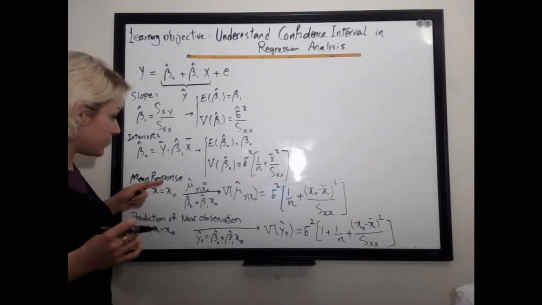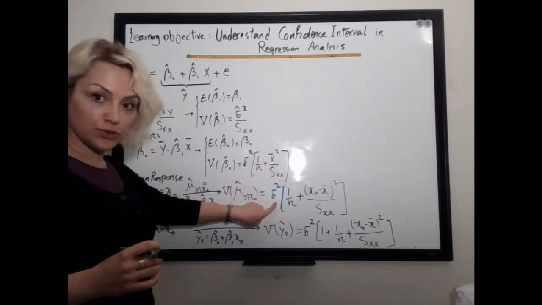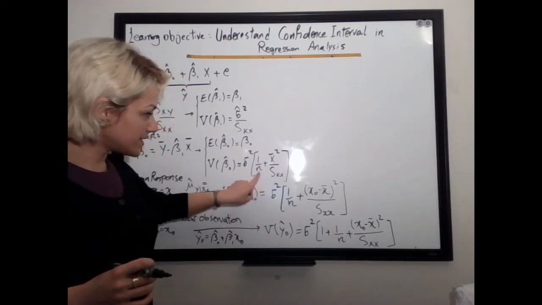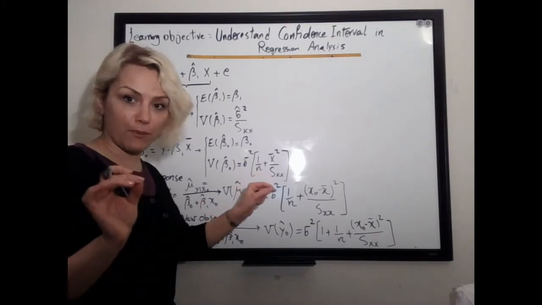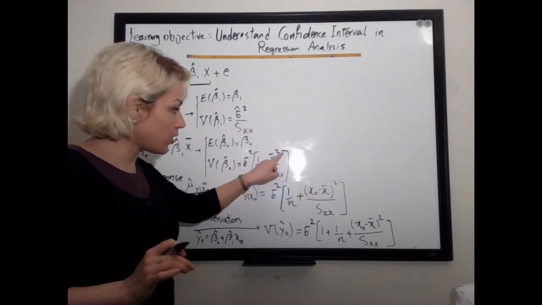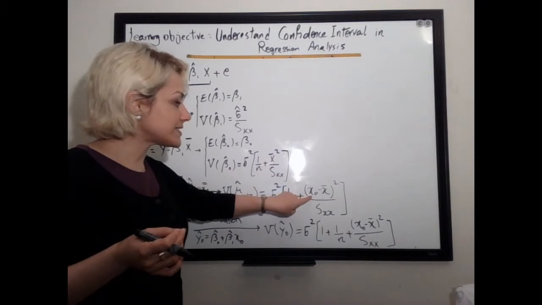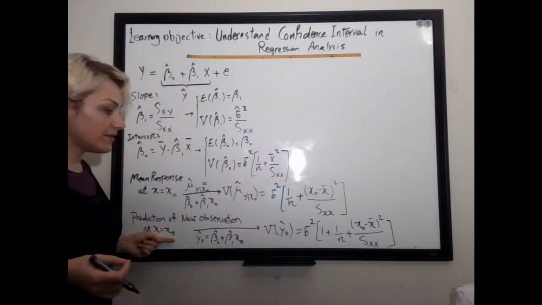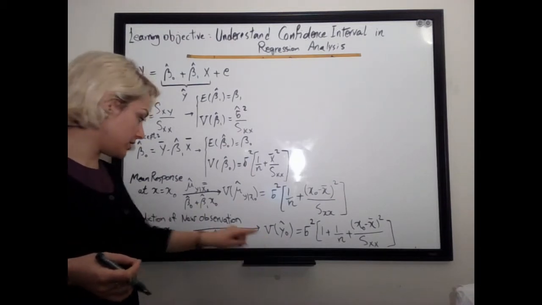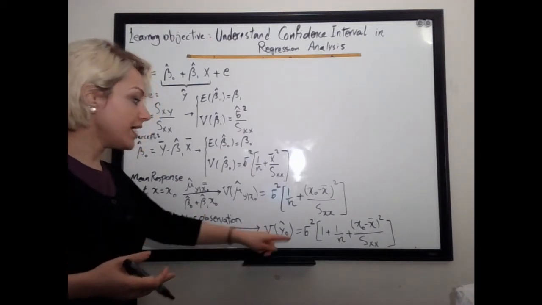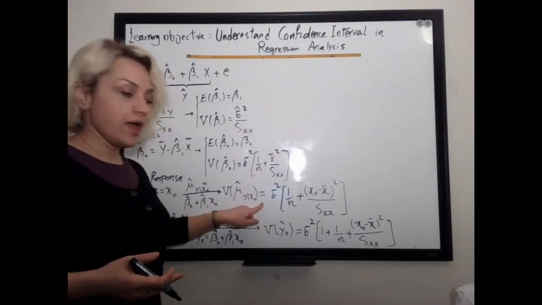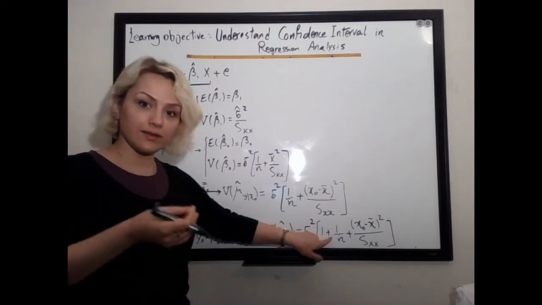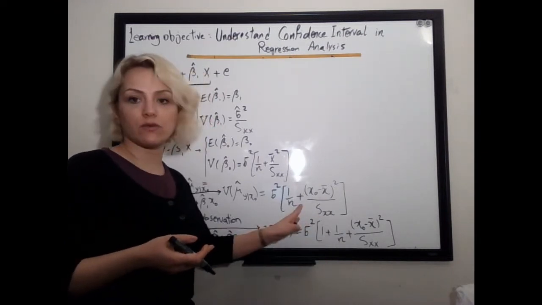The variance of the mean response is sigma squared times 1 over n plus, and compared with this, it's exactly the same except for one part: instead of x bar squared, you have x null minus x bar squared. And then the variance for the prediction of a new observation is a little larger than this one, which is sigma squared times 1 plus. So you add 1 in the bracket, and the rest is the same as what we had on top.